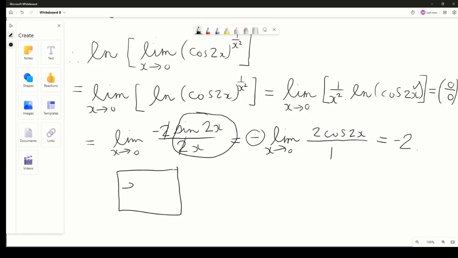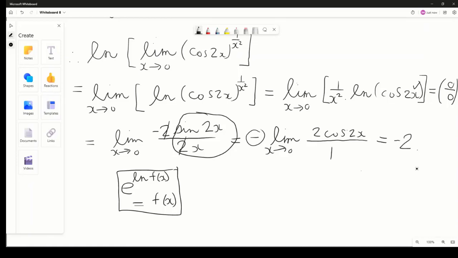By virtue of this fact: if I say e to the ln of f of x, this is just equal to f of x. So now what I do is I raise everything on the left to the e and everything on the right to the e.